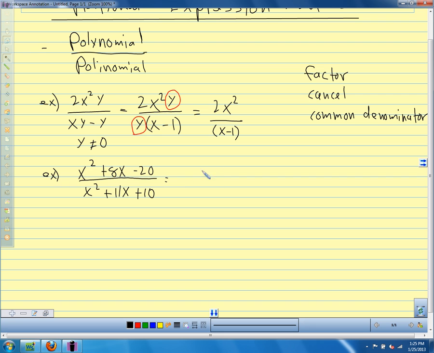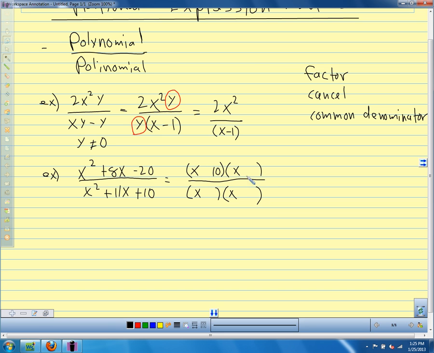Factor both the top and the bottom. So how's the top going to factor? It's going to be x and x, and on the bottom it's going to be x and x, two parentheses. And what we usually hope with rational expressions is that we can factor and something cancels out. So we hope that's what's happening.